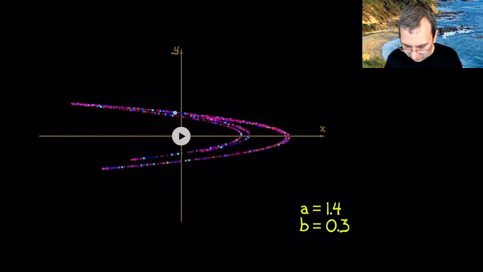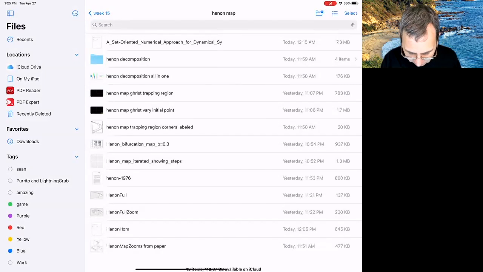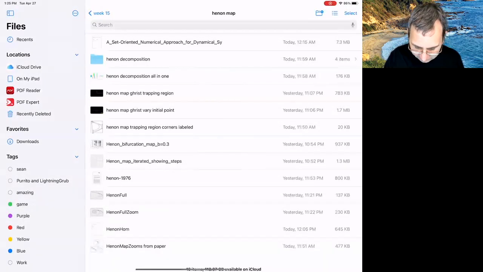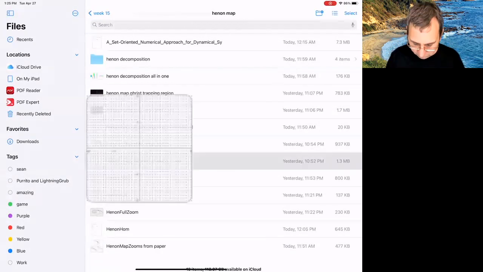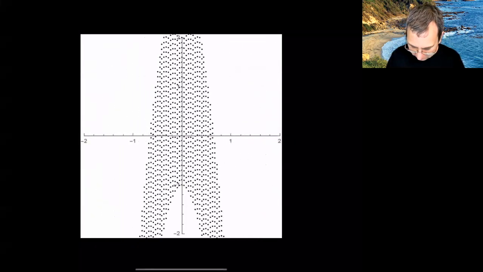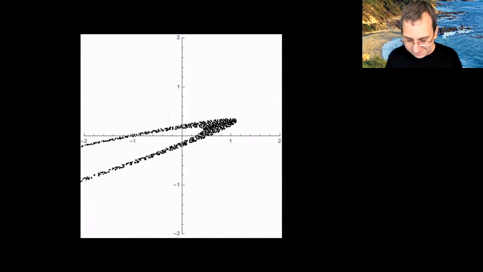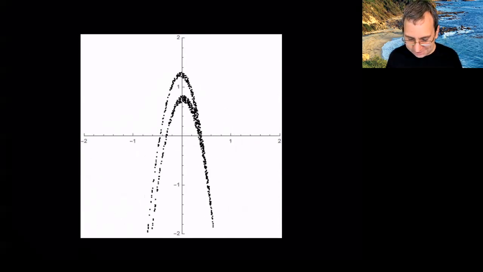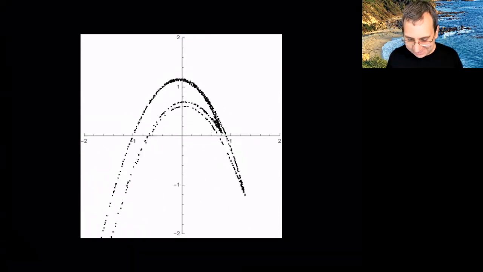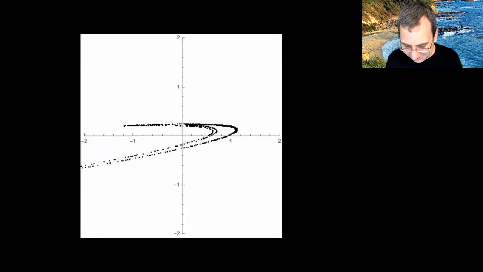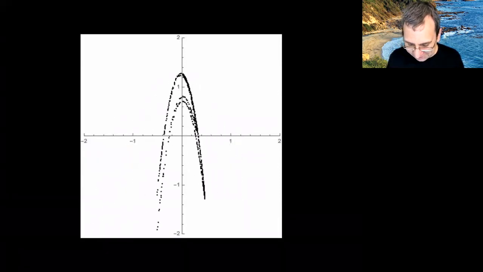Oh, but then you go outside the trapping region and it goes away. Let me show you something else. It's taking a set of initial points on a grid and then doing the steps in that decomposition. So it's folding, stretching, re-injecting.